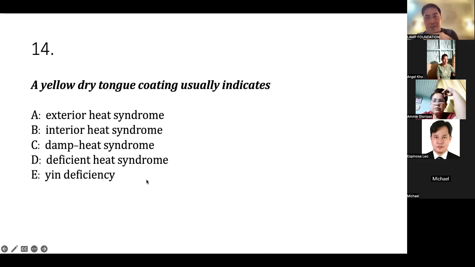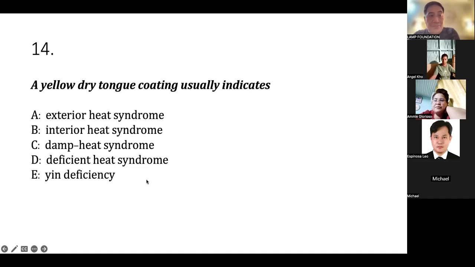But this one is exterior heat syndrome. Di ba na-agree na tayo, lecture ni Sir Dino? Ang exterior heat syndrome, Doc, nasa upper pa lang, sa tip of the tongue and the sides, on the side.